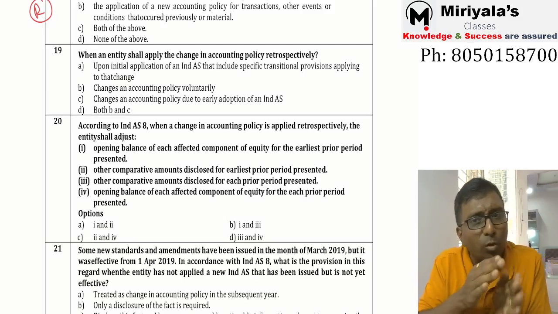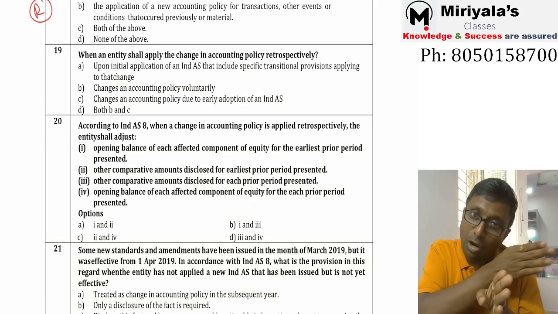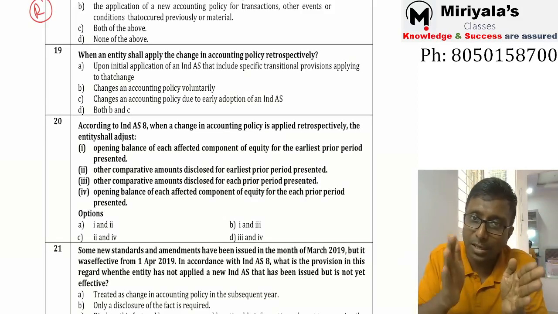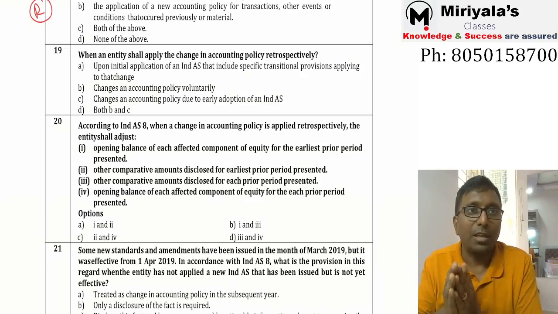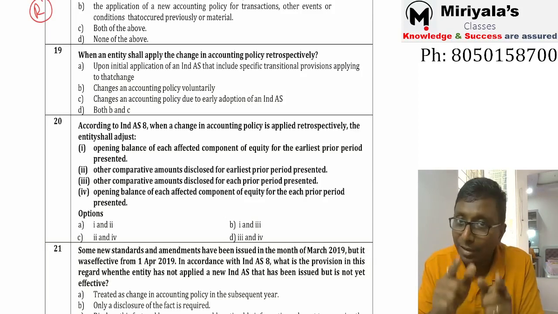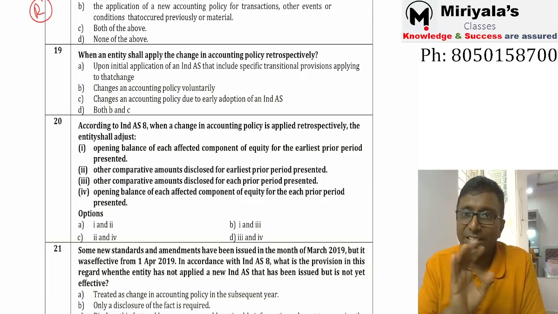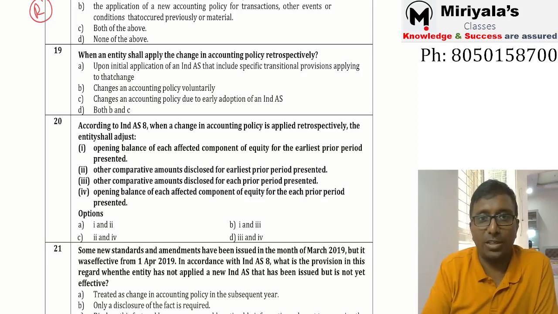Or are you not required, only from now onwards you should follow it? Or don't go to all the years, only last year and current year you apply. Like that, very clear guidance will be given if there is a change in the Ind AS. Under that circumstance, it is not necessarily retrospective all the time.